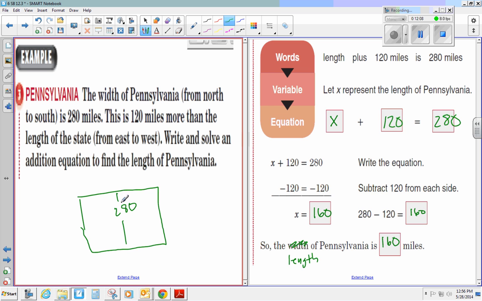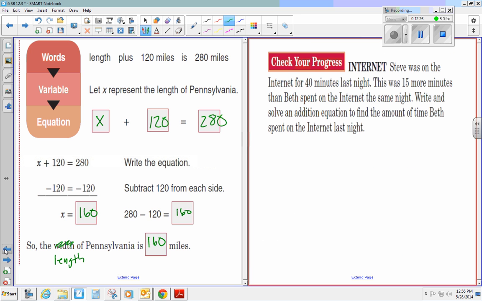This is 120 more than the length. So the question is, those differences are 120.